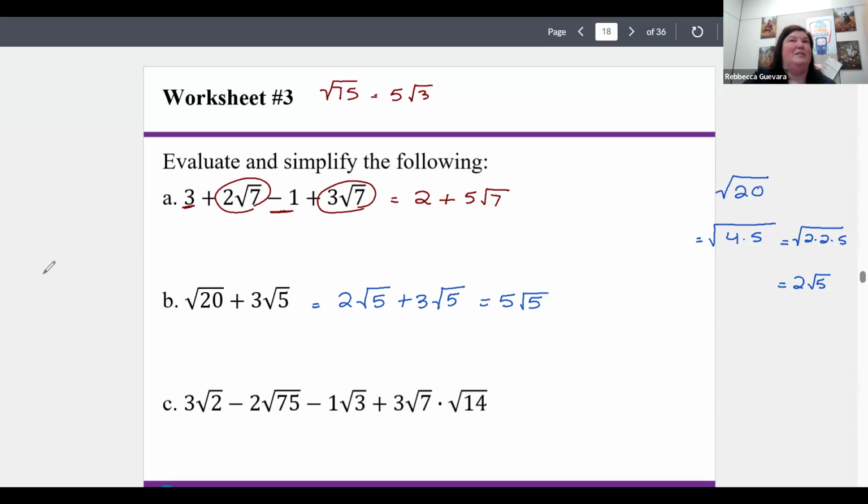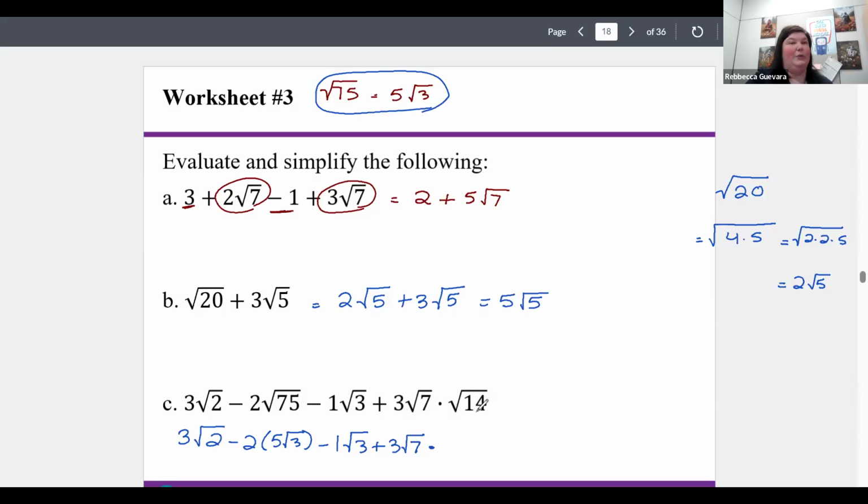Okay. So I already did some of this work for us because we already did this earlier. We know what the square root of 75 is. So this can be rewritten as 3 square root of 2 minus 2, and we know that the square root of 75 is just 5 square root of 3. Minus 1 square root of 3 plus 3 square root of 7. And then we have this times square root of 14.